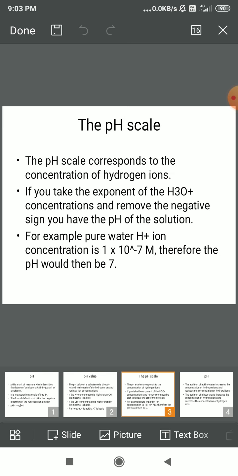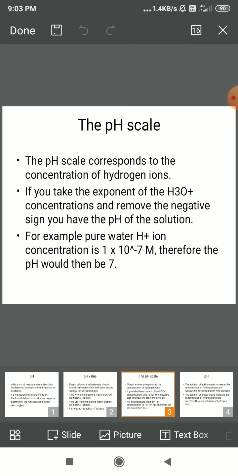Then next is the scale of pH. The pH scale corresponds to the concentration of hydrogen ions. If you take the exponent of the hydrogen ion concentration and remove the negative sign, you have the pH of the solution. For example, in pure water the H plus ion concentration is 1 into 10 raised to minus 7 molar.